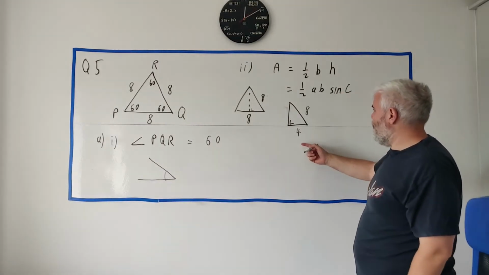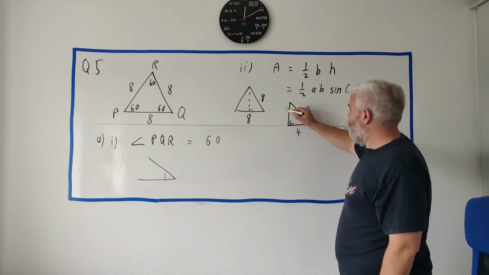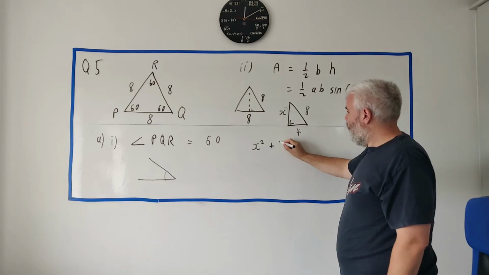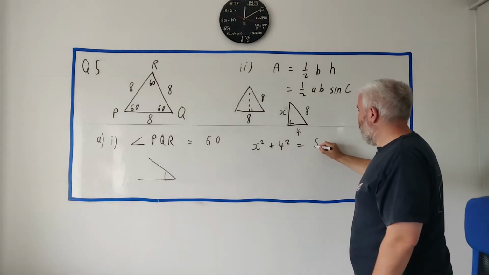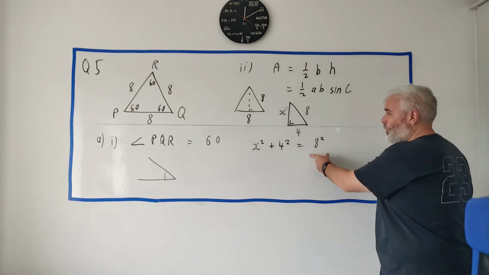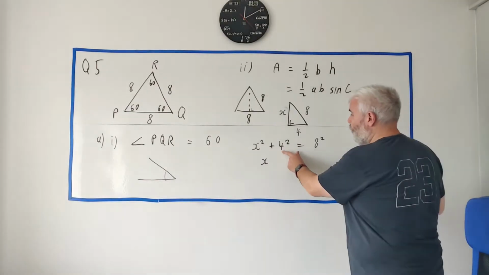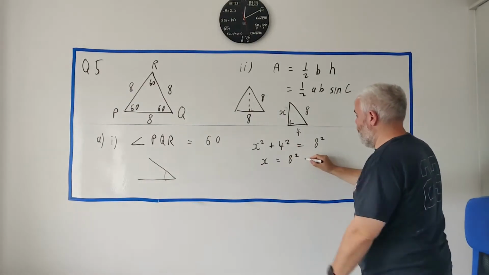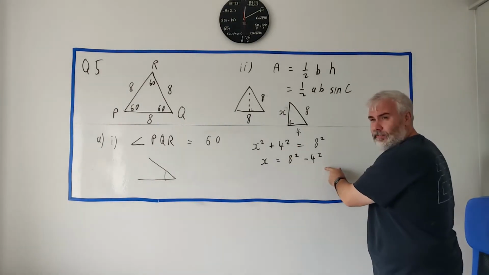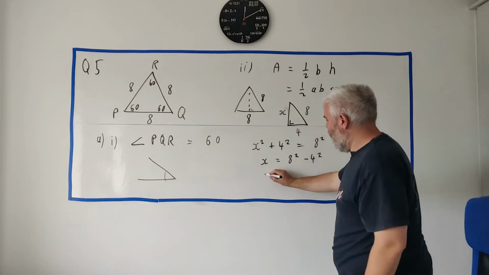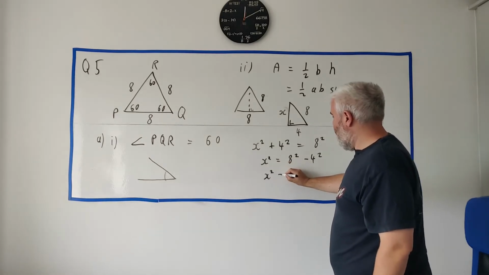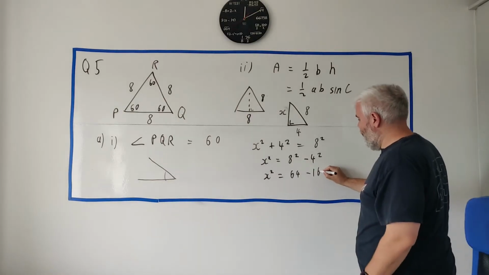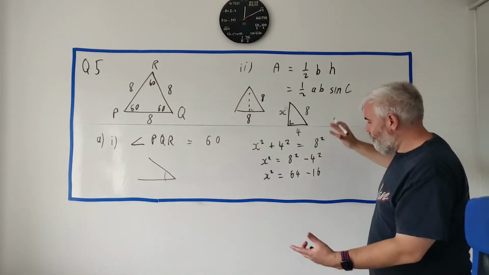So Pythagoras' theorem tells us that the sides, let's name it x for now, x squared plus 4 squared is equal to 8 squared. And we just have to solve this. Move the 4 squared over. We get x squared is equal to 8 squared minus 4 squared. You can go ahead and change these into 64 minus 16, or you could do that up here.